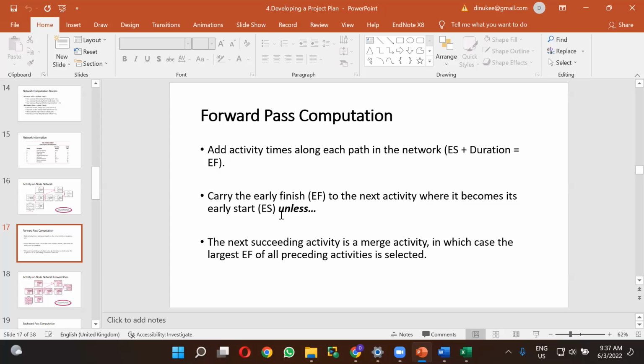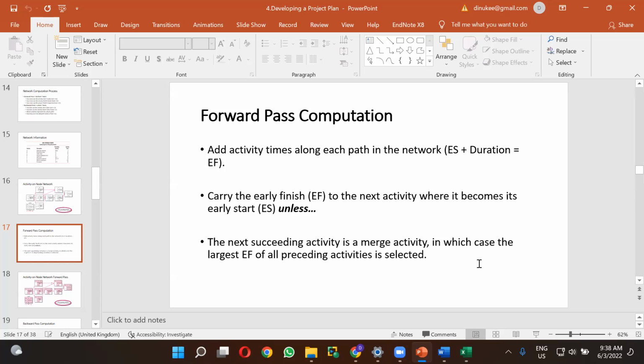So you can take the early finish time to the next activity as it is if there is only one arrow. If two or more arrows are coming, it means the next succeeding activity is a merge activity, in which case the largest early finish time of all preceding activities is selected.